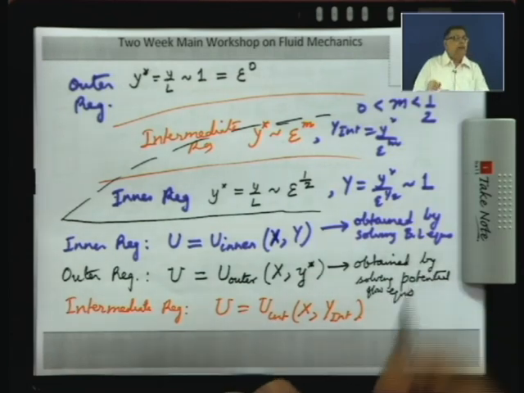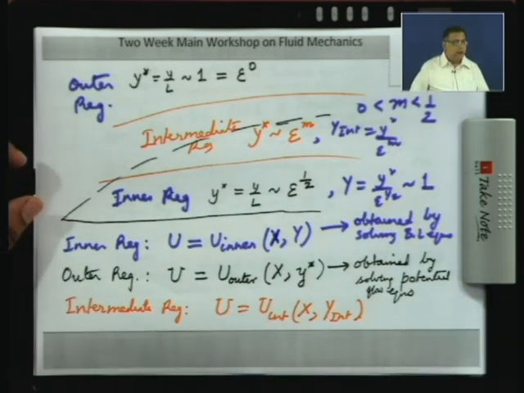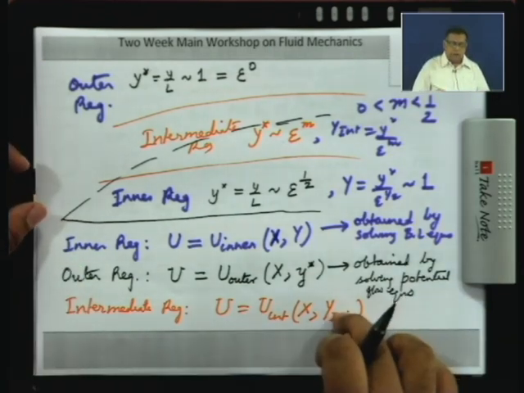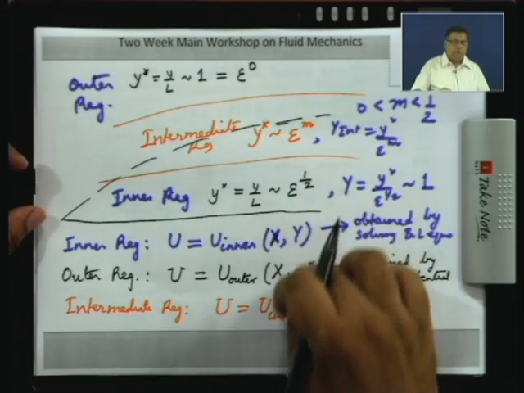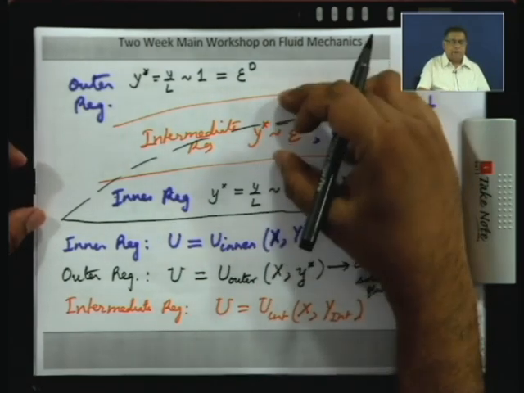This solution procedure I have discussed in the morning session. Now, this we will not solve separately, but will insist that both the approximations are going to give you a valid solution in the intermediate region.